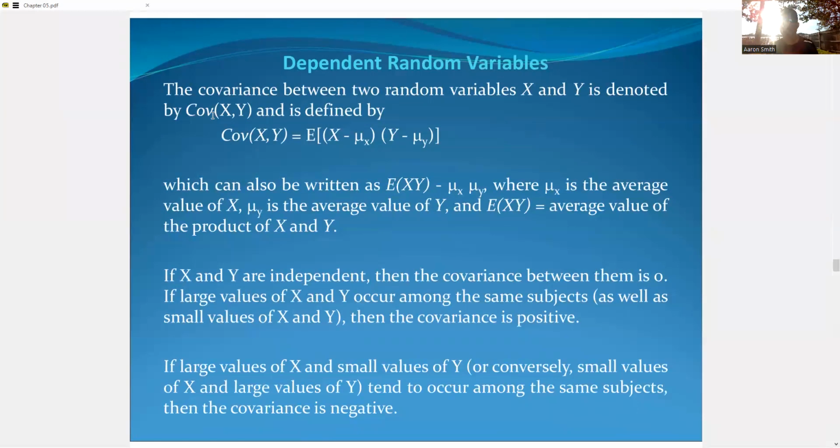Now, if I'm doing pencil and paper theoretical work, covariance frequently takes the same role as correlation, and in the pencil and paper theoretical math work, covariance is easier. And so covariance can be written as the expected value of the product of the two random variables minus the product of the expected values.